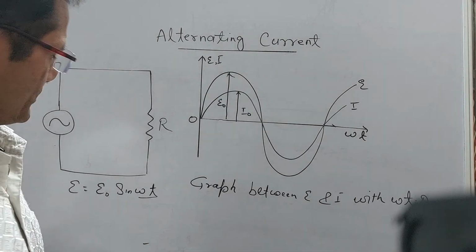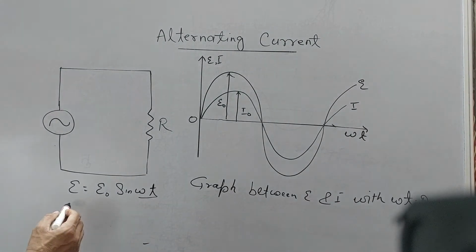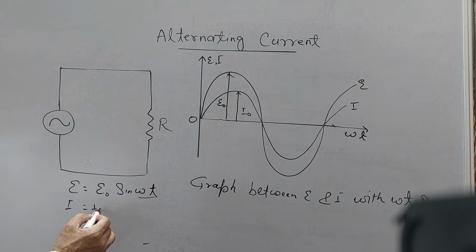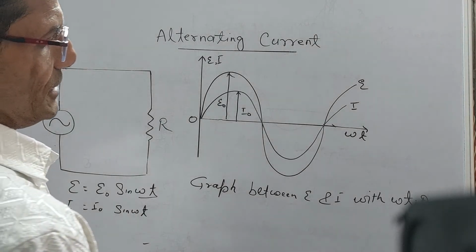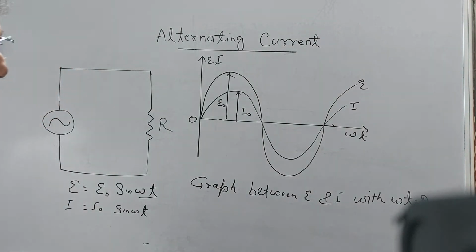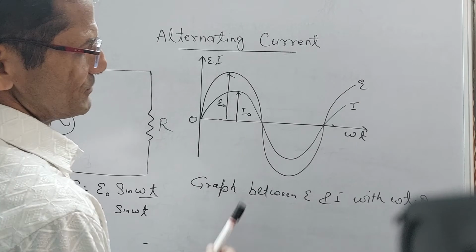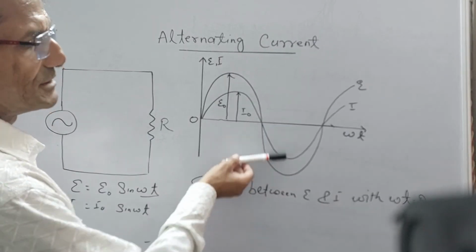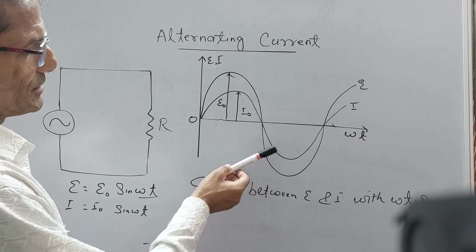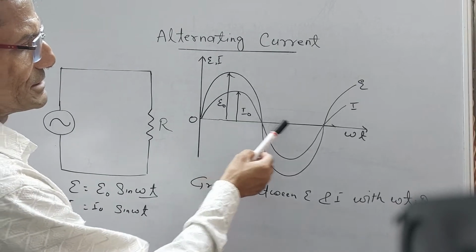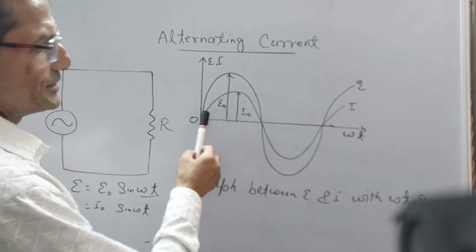If I draw the graph between voltage and current, we already know that voltage and current are in the same phase. So whenever the voltage is maximum, current is also maximum. Whenever the voltage is minimum, current is also minimum. Whenever the voltage is zero at this point, current would also be zero.